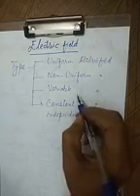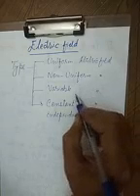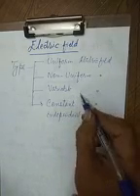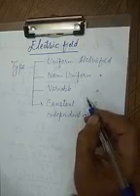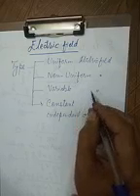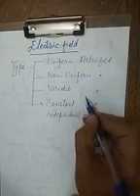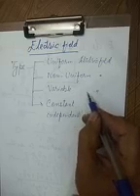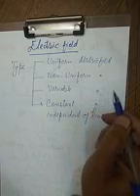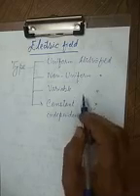What about a variable electric field? Its magnitude again changes or varies at a different location in an electric field. What about a constant electric field?